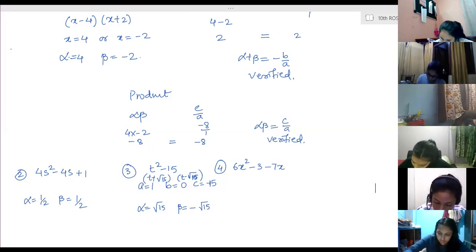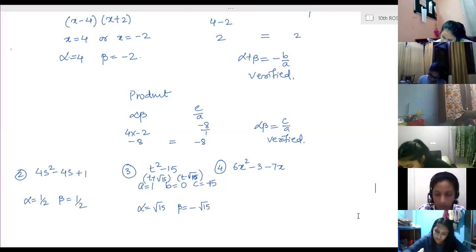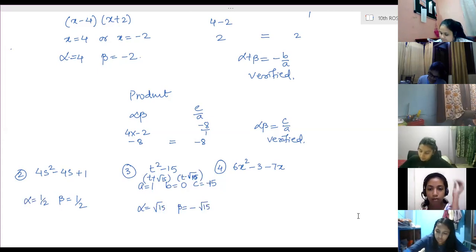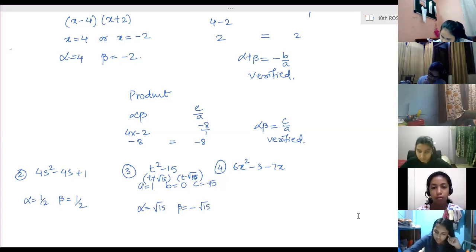One is minus 1 by 3. Alpha is equal to 3 by 2 in the fourth one.